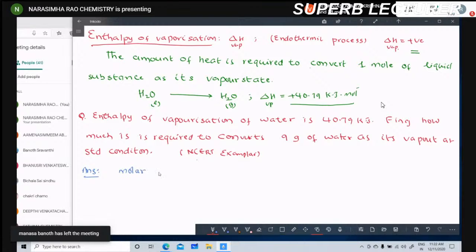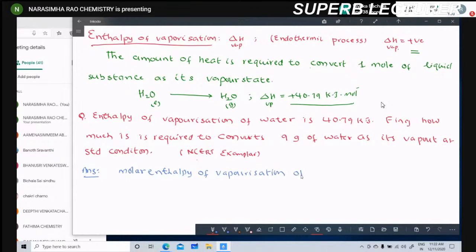Molar enthalpy of vaporization of H2O is 40.79 kilojoules. That is the energy or heat.